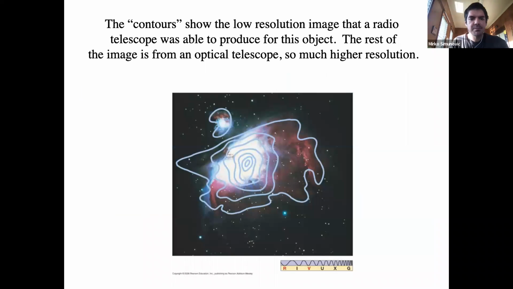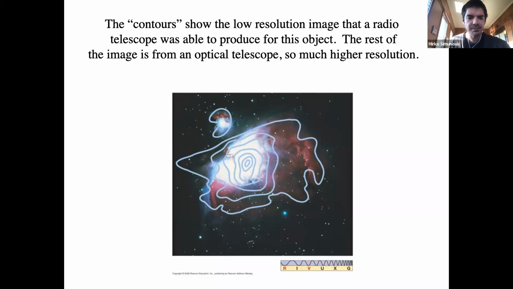So here is an example of what happens when you combine optical observation and radio observation, just to give you an example of the different resolutions. The colors are coming from actual optical observation. I think in this case it's Hubble Space Telescope. And the contours that you see on top are just the emission coming from a radio telescope. And immediately you see, if you were to just take the contours and forget about the optical, that's all the information you have, right?